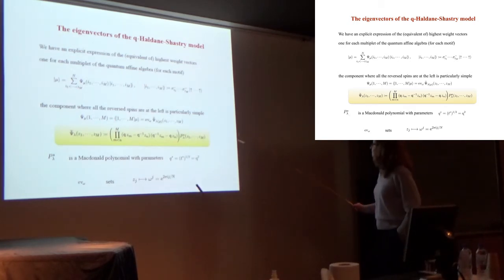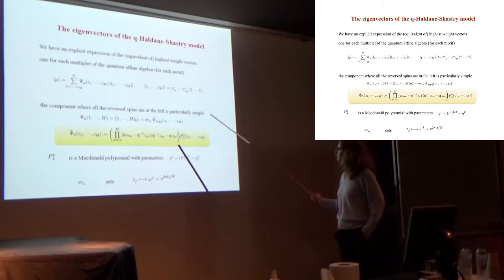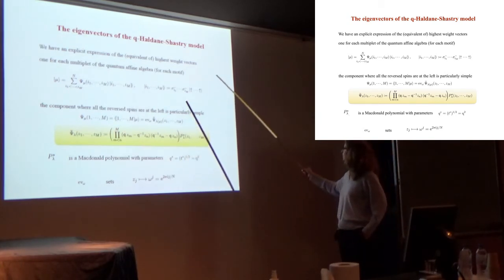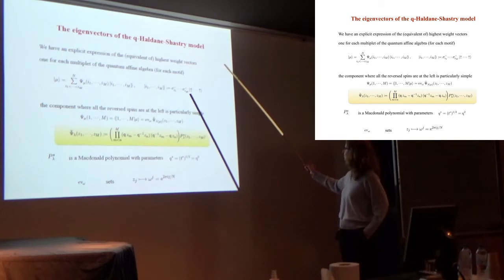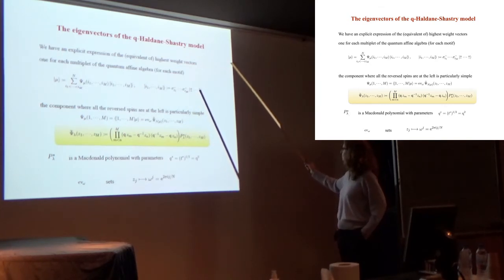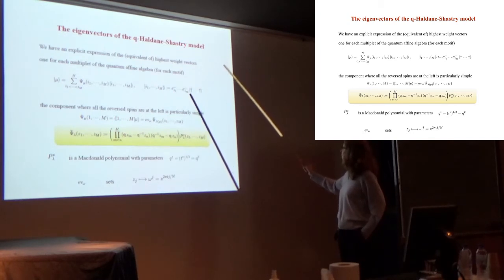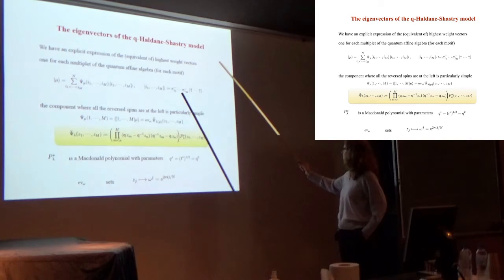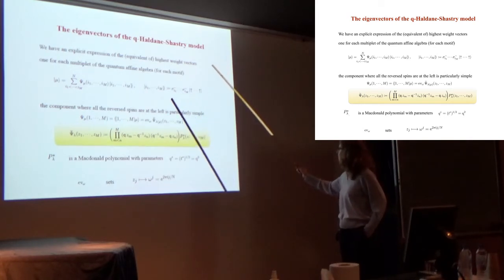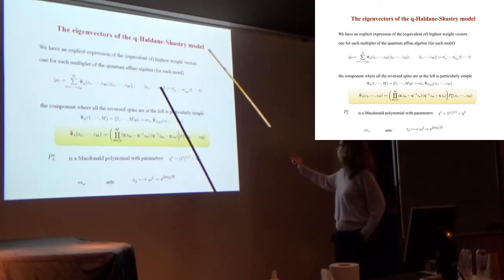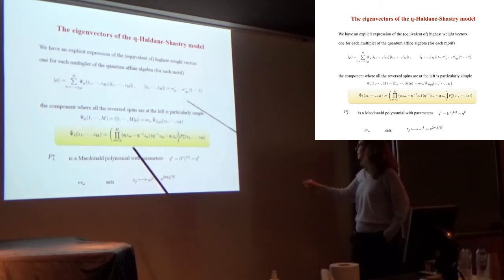So we take as a basis of the eigenfunctions the magnon basis, which is a basis where m spins are reversed at the positions i1 to im.